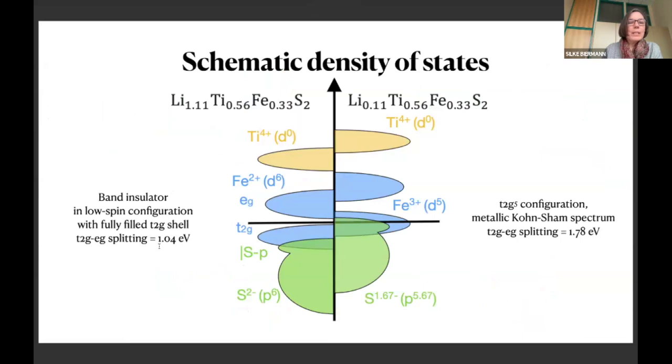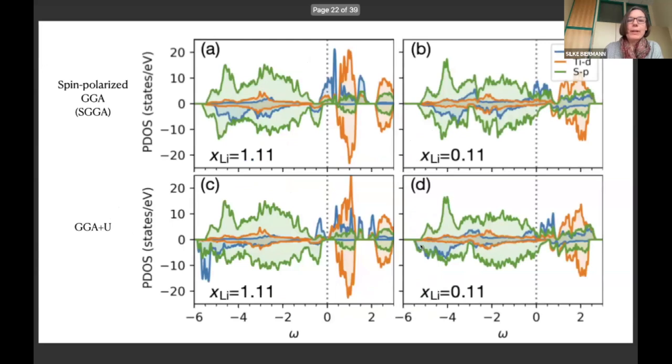And I give you additional information that the T2G EG splitting is indeed smaller in the fully lithiated compound than in the delithiated one: 1 electron volt compared to nearly 1.8, so quite a large splitting. From the electron counting, you also arrive at the nominal configuration of the sulfur, which is missing here 1/3 of an electron. So having empty states close to the Fermi level is, of course, already the sign of the anionic redox.